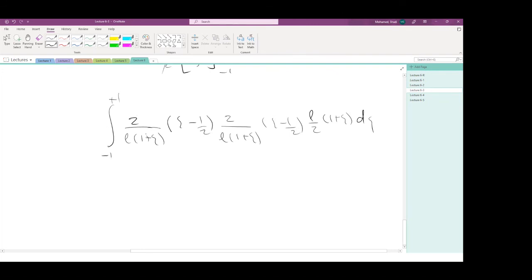If you do that and you do the full, this is EA on the outside, and this is the first entry in the stiffness matrix for this element here.